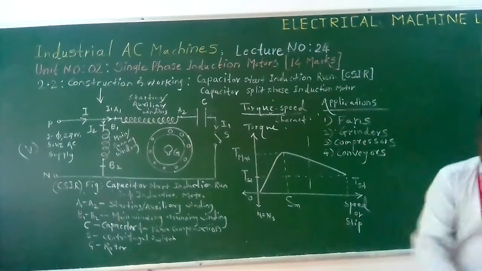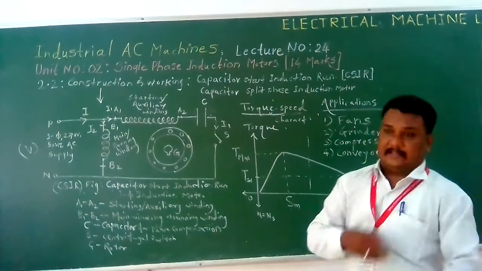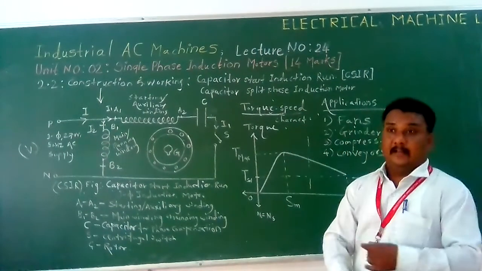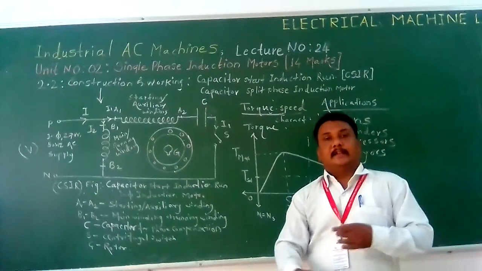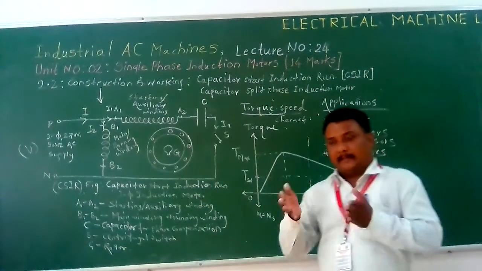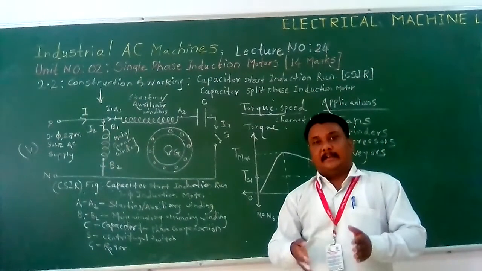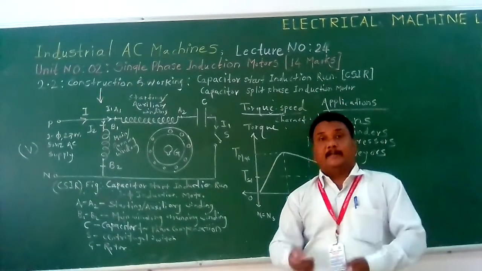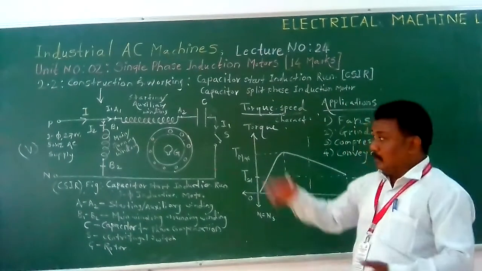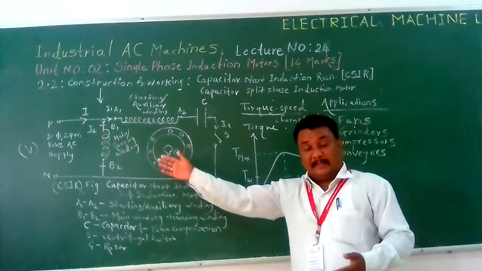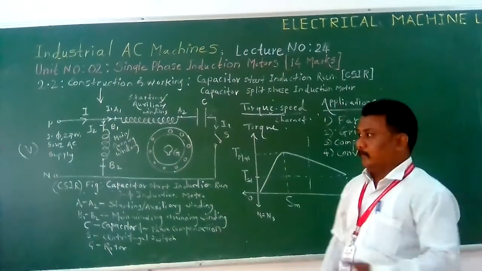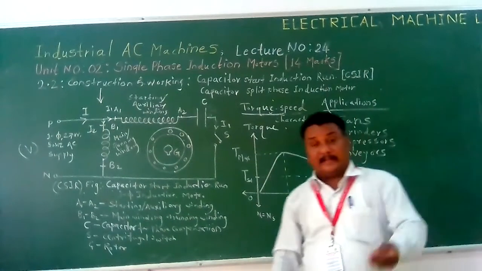In this motor we saw its construction, then its working, how it works. Initially switch S is closed, then torque is produced in the rotor. After gathering 80% speed, due to centrifugal force, switch S opens, and then only the running winding works on the principle of electromagnetic induction, and the CSIR runs. Then we saw its phasor diagram.